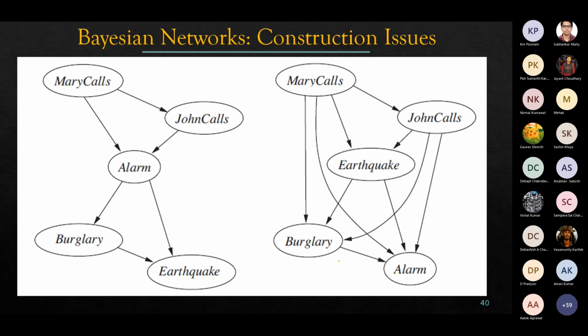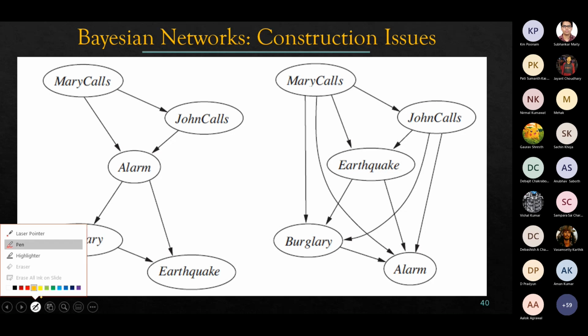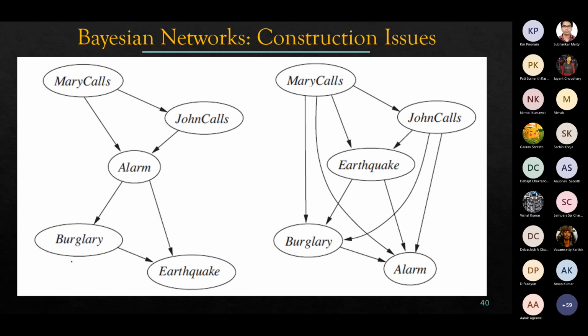While we are constructing a Bayesian network, we need to keep something in mind. I'm not going to discuss the issues related to construction of a Bayesian network in detail, but there are certain cues that we always think about while designing one.